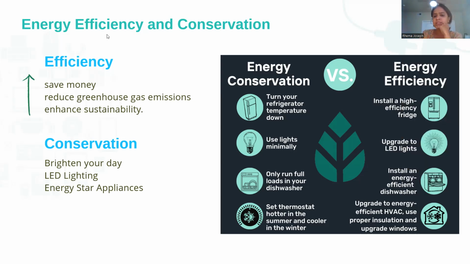On the right side, you see some examples and areas of how you can conserve and use energy efficiently. Turning your refrigerator temperature down does conserve energy in a way, because it keeps things colder and does its job.